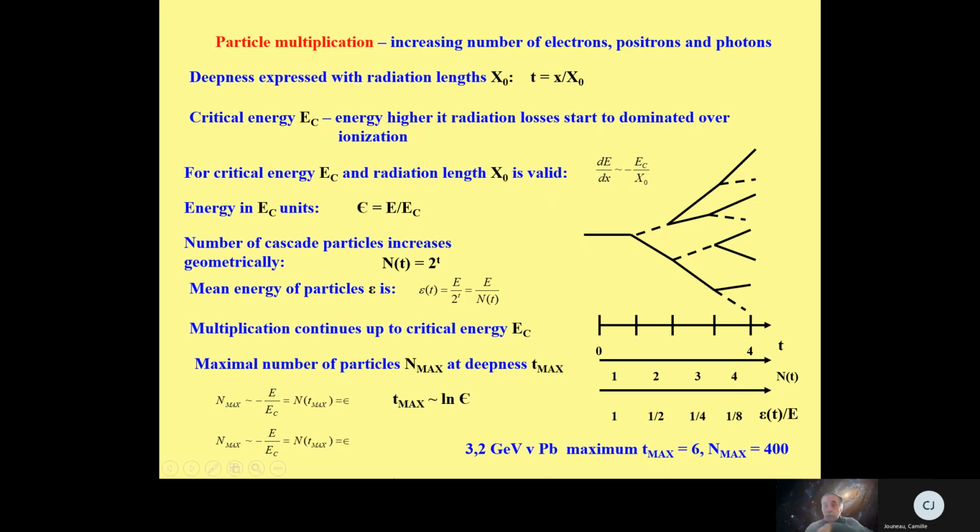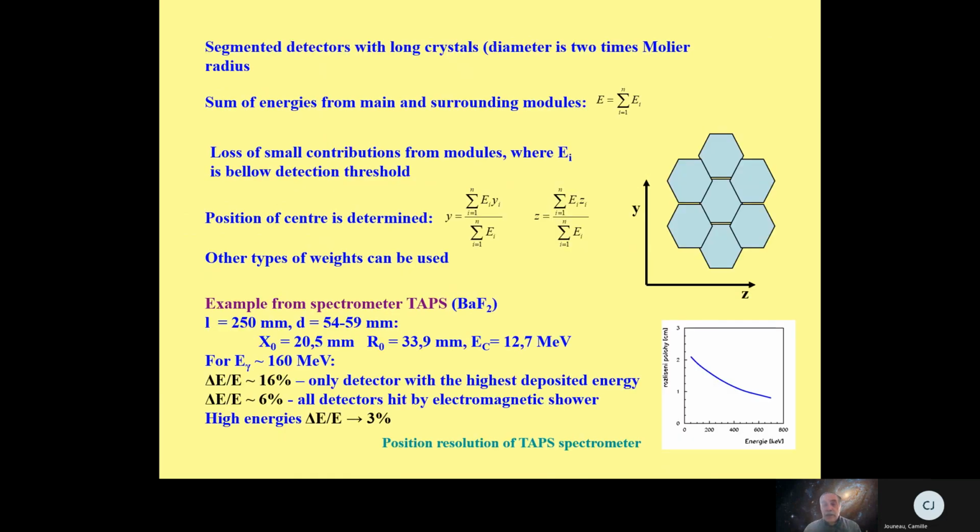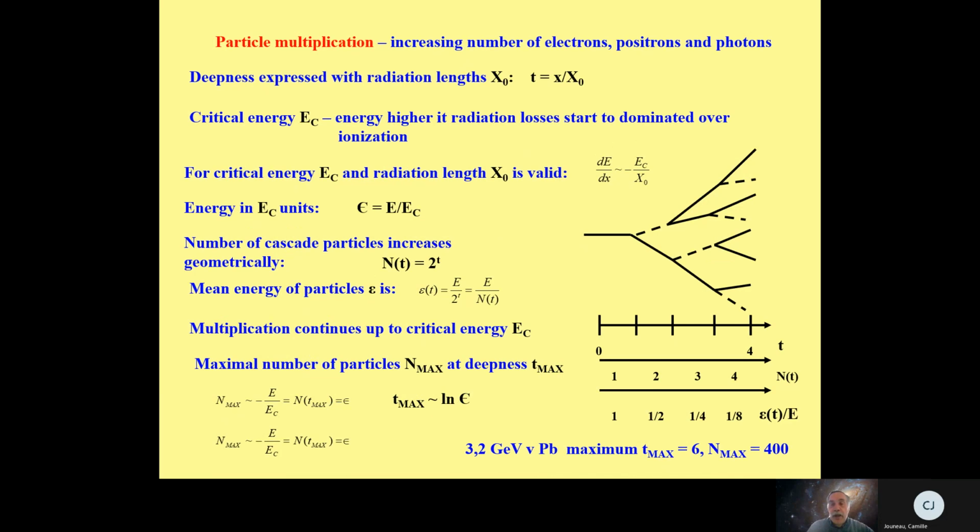That means it is possible to calculate how many particles you will have, and also how thick it will be and how many particles you will obtain.